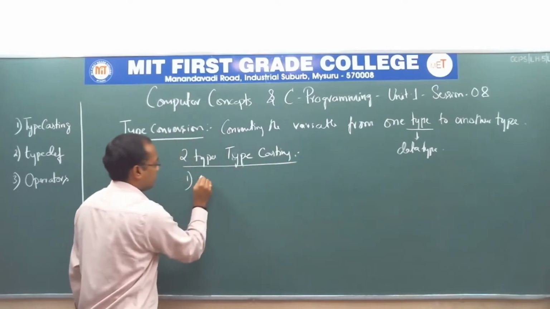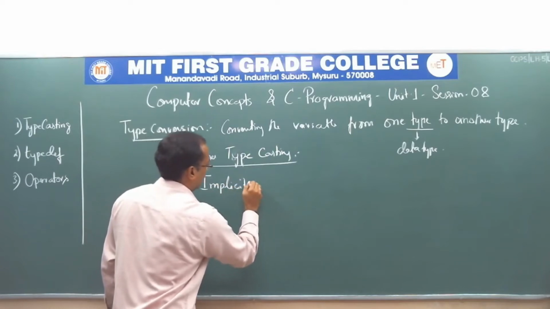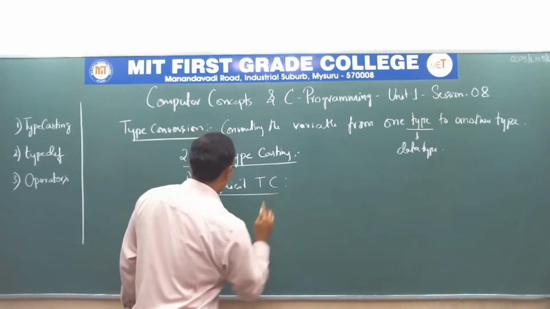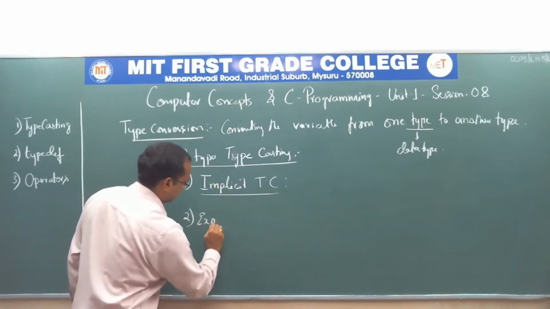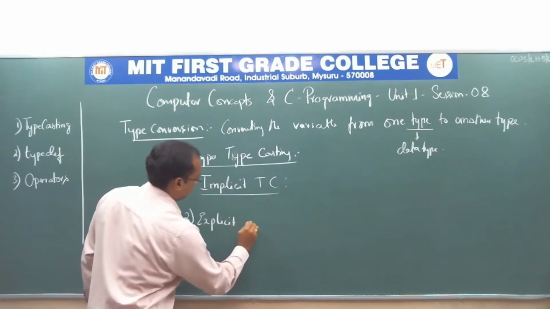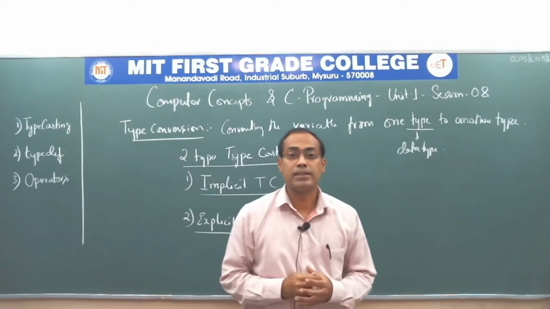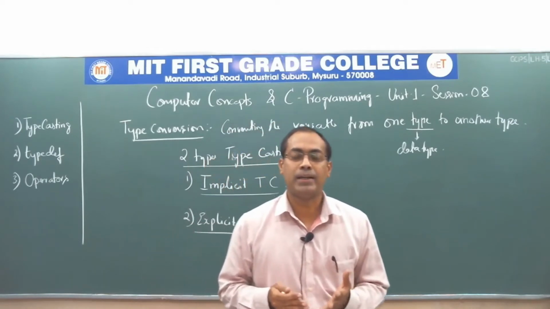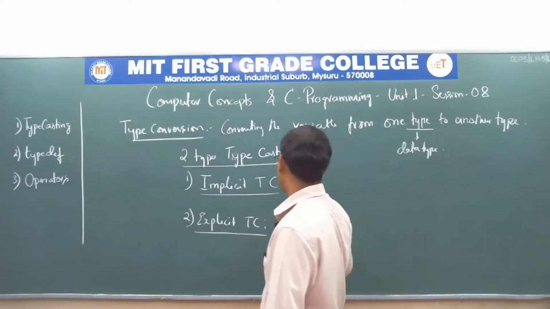First one is called as implicit typecasting. I'll write it as TC, and the second one is called as explicit typecasting. Implicit typecasting is the typecasting which is done by the compiler itself automatically. Meaning automatic typecasting is called as implicit typecasting.